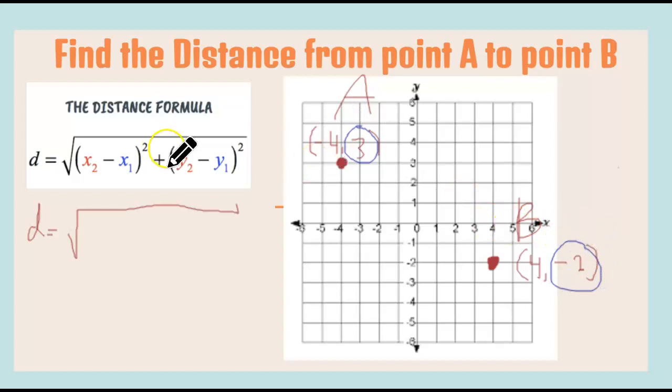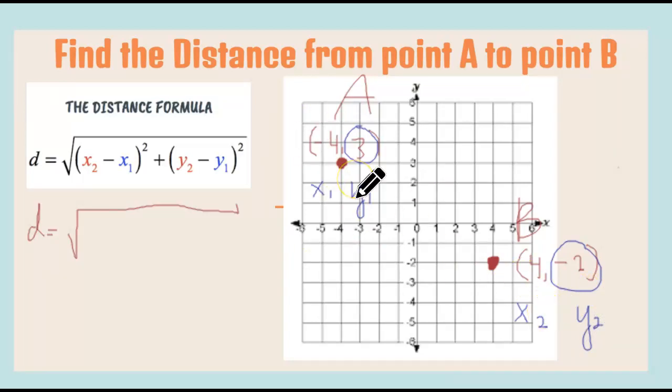Since this is A to B, we could label this x1 and y1, and this could be our second point, so we could label this x2 and y2.